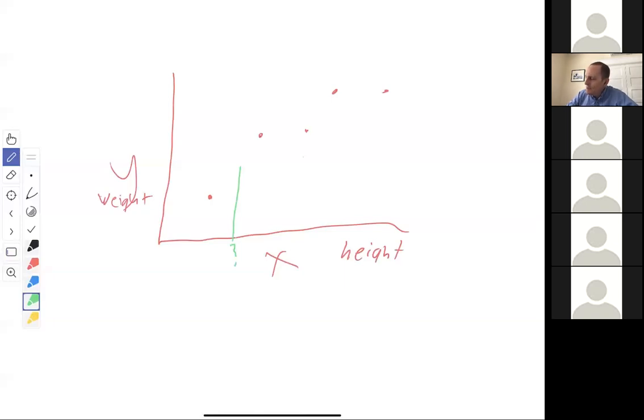And I'm guessing, right, about that height that I go with green would be a good estimate. We've never had any samples for that particular height, but we assume that we can generalize from the heights we've seen so far and their associated weights. And maybe we could come up with some sort of a model or an approximation. Maybe our approximation is going to be something like this, right?